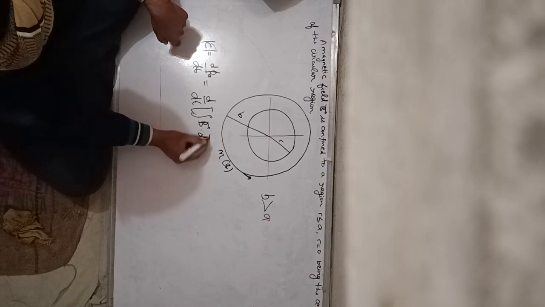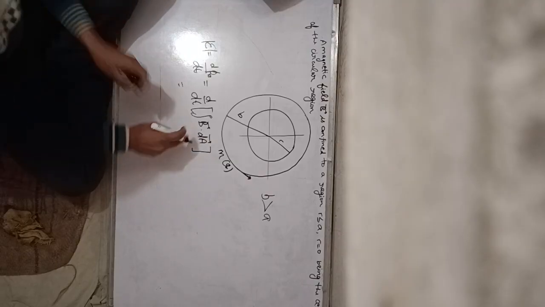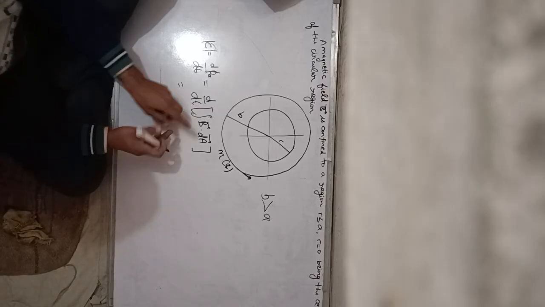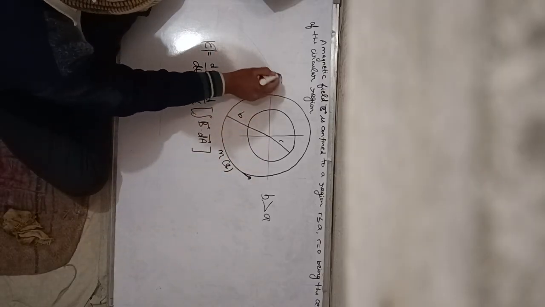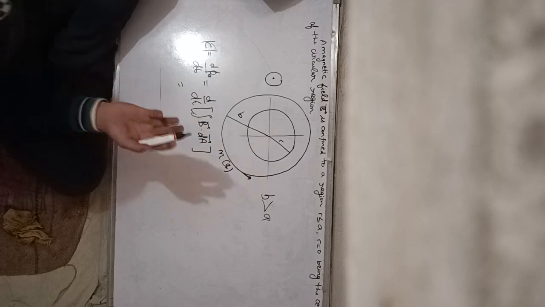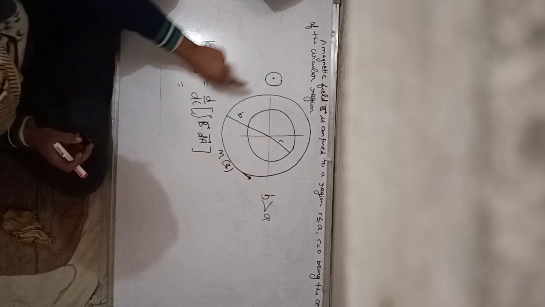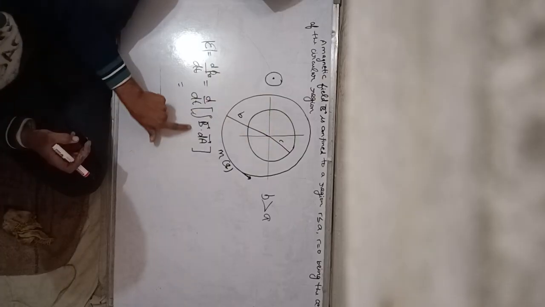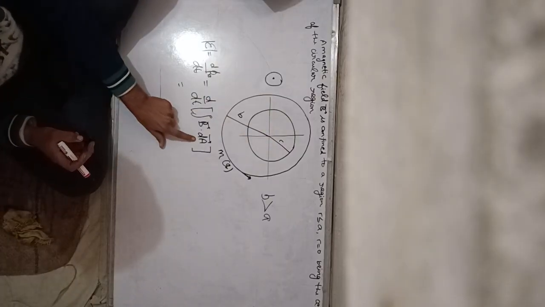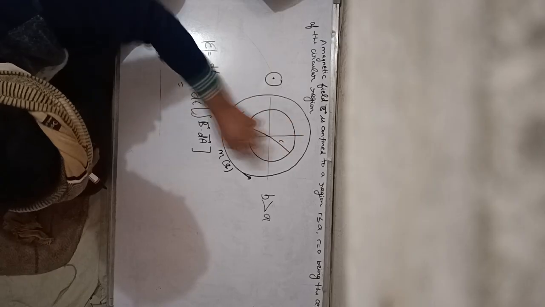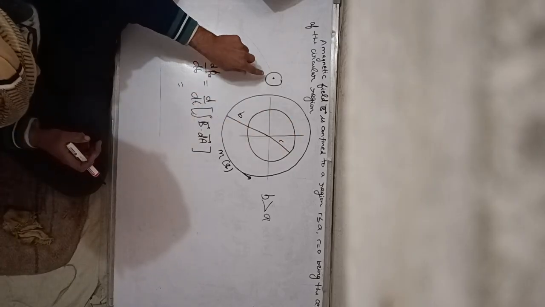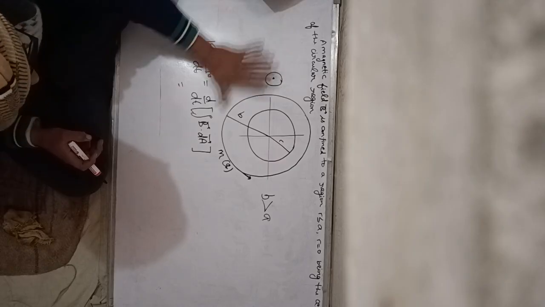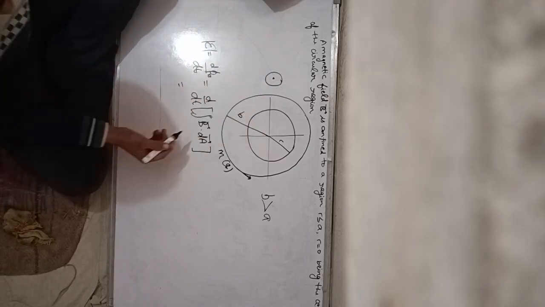And here all the B vector is coming outward, parallel to the area vector, so the cosine is 1, and the magnetic field makes the same angle with all the small elements of area.